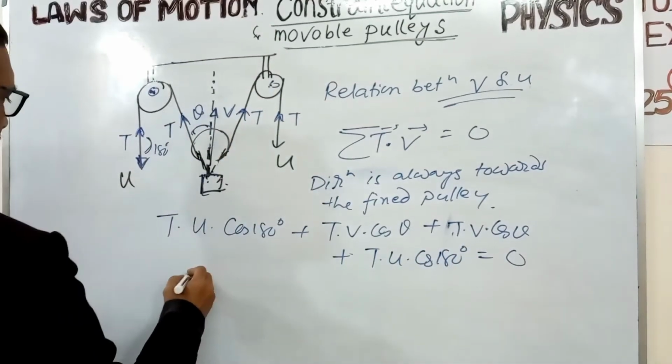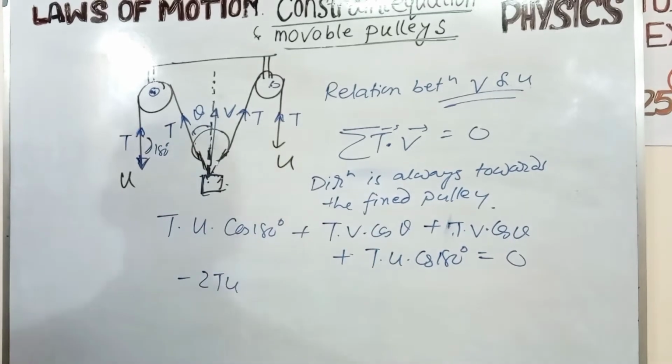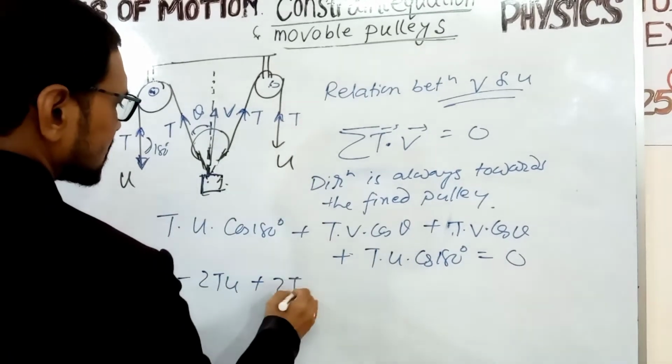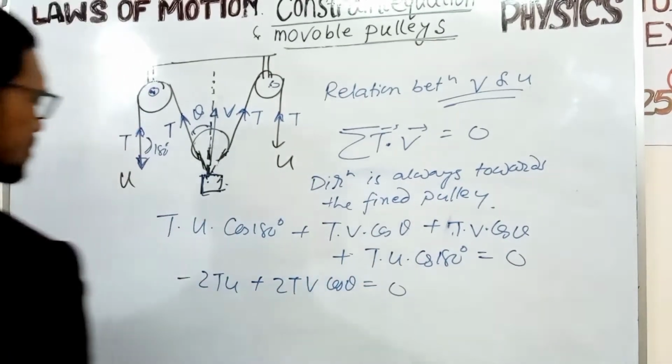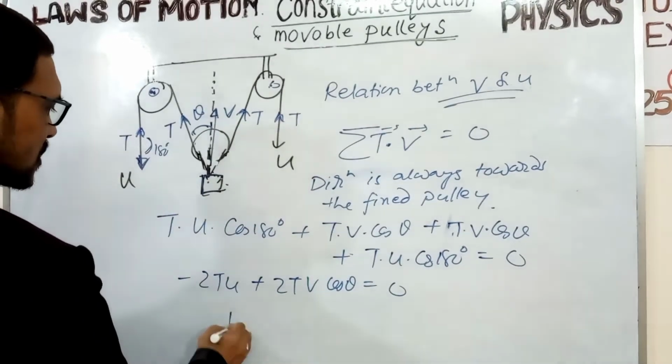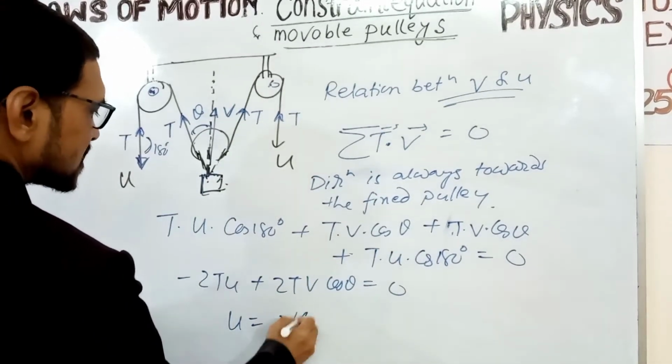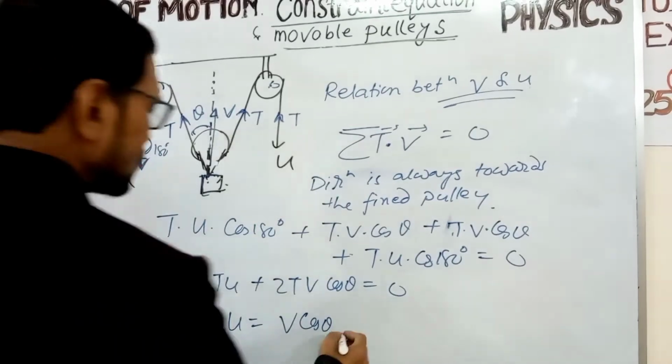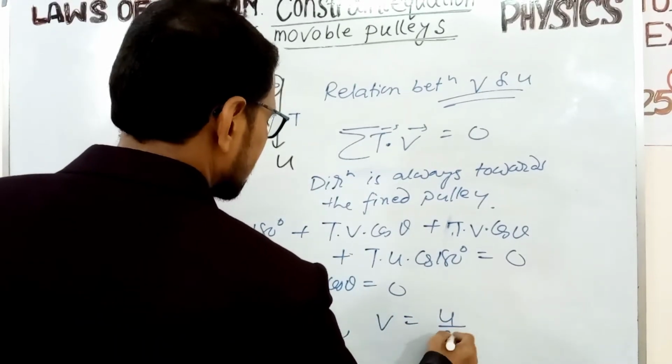Now this is minus T U, cos 180 equals minus 1. If we cancel 2T on both sides, U equals V cos theta, that is V equals U by cos theta.